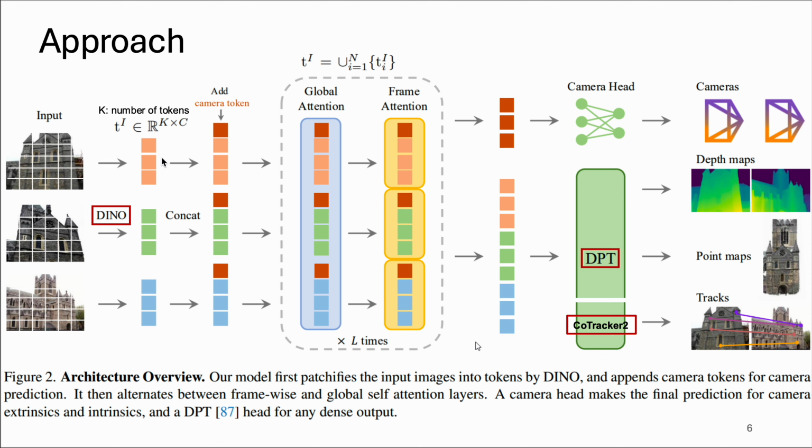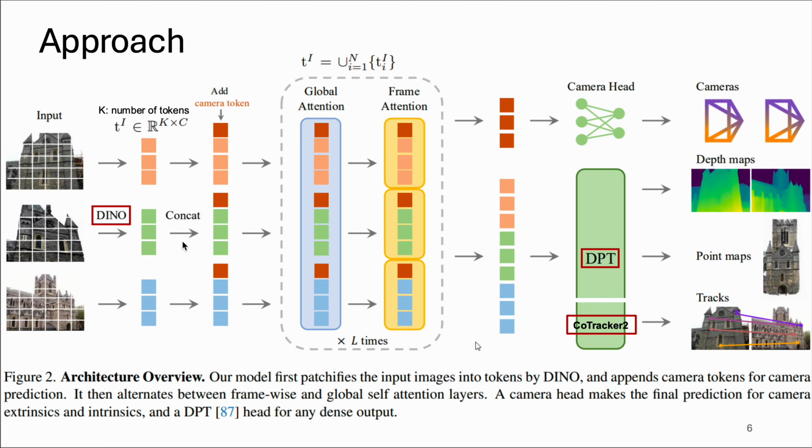So if K is the number of tokens, then for each image the dimension of the image tokens should be K by C. C is the feature space dimension. That means each patch is represented by a token, which is a vector with dimension C. So altogether an image will be represented as a matrix with dimension K by C.